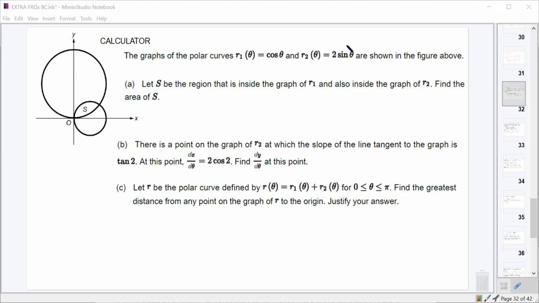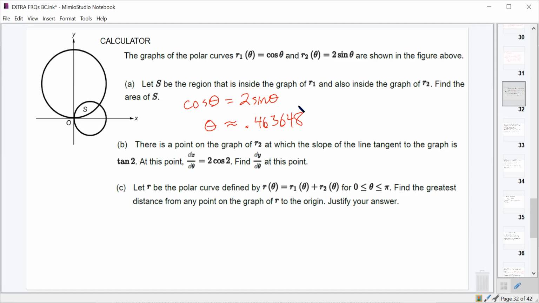So first thing we're going to have to do, and this one, by the way, is a calculator problem. I didn't see it first. This is a calculator problem. So first thing we need to do is figure out where cosine theta and 2 sine theta intersect with each other. So we'll set cosine theta equal to 2 sine theta and determine that that happens at theta approximately 0.46368.